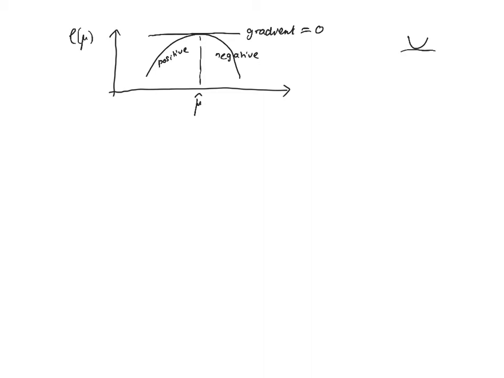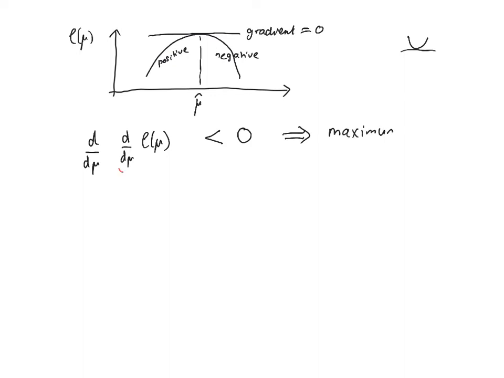So what we need to do is to check whether we have a maximum. We look at the change in the gradient. And we hope that that change in the gradient is negative. So a negative change in the gradient means we have a maximum.